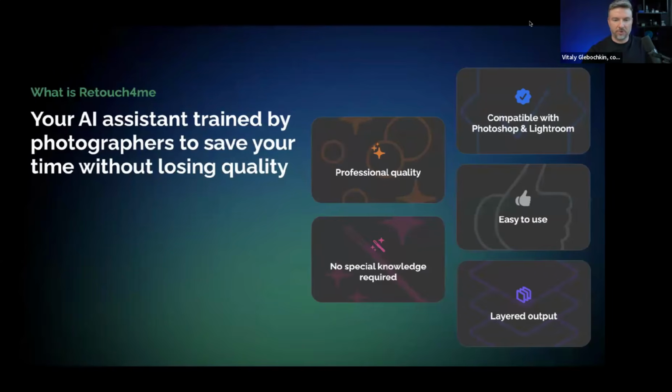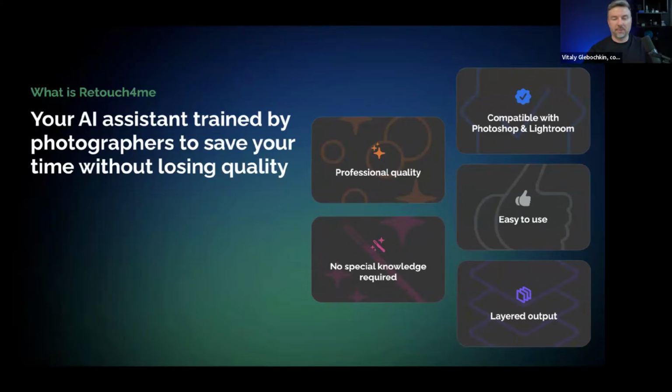Okay, let's move on. So what is Retouch4me? If you have or maybe had a retoucher and you pay for retouching your images, Retouch4me is like your AI assistant trained by photographers to save you time without losing the quality.